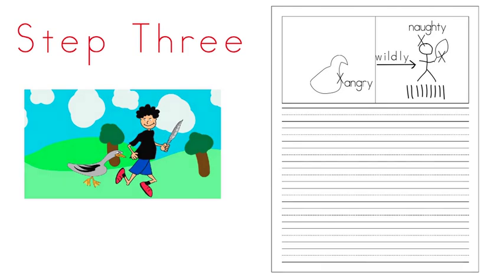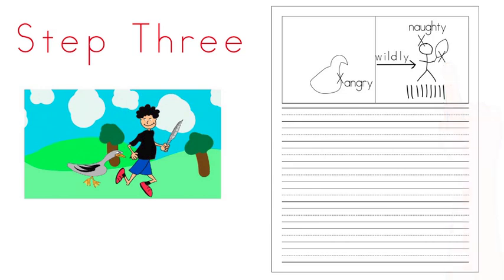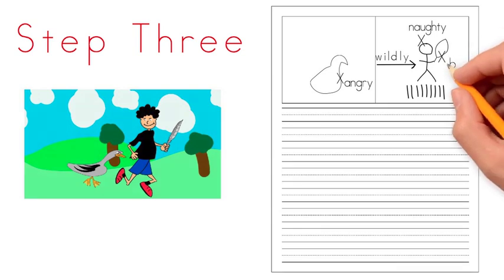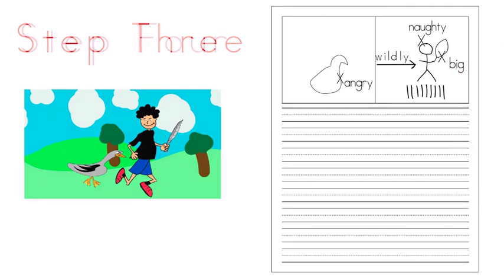Go to the last X in our planning boxes and ask the fancy words question. What kind of feather did the boy pluck from the goose? A big feather. That matches the idea. Write big by the X. Amazing job! Super work!